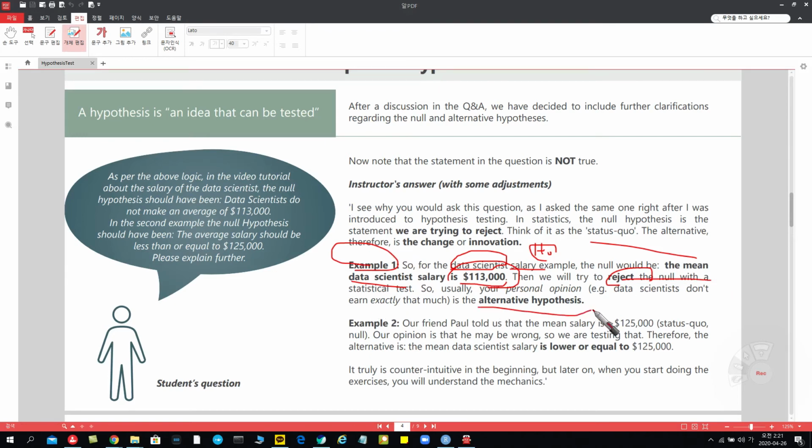In this case, the alternative hypothesis is that the mean data scientist salary is not $113,000.